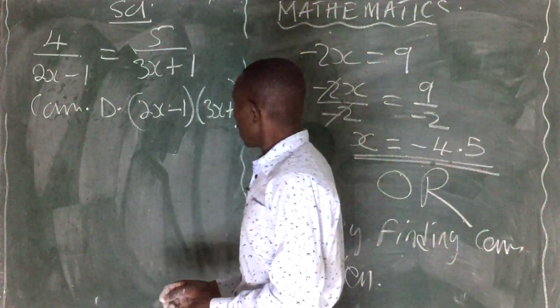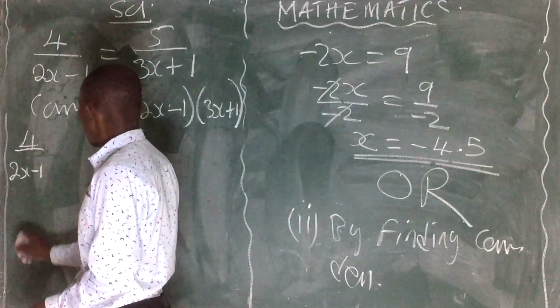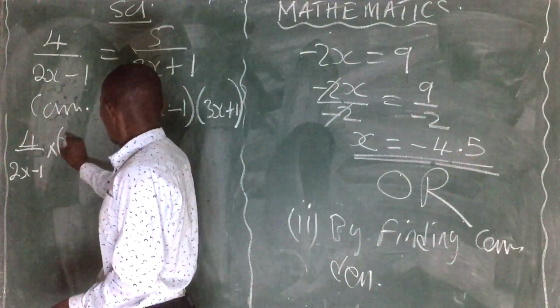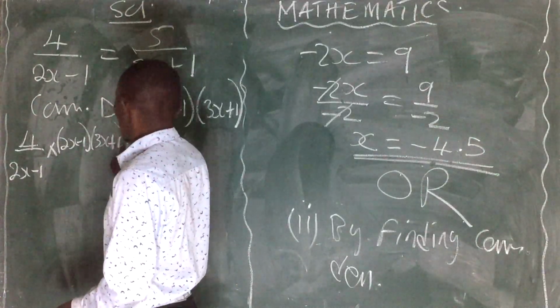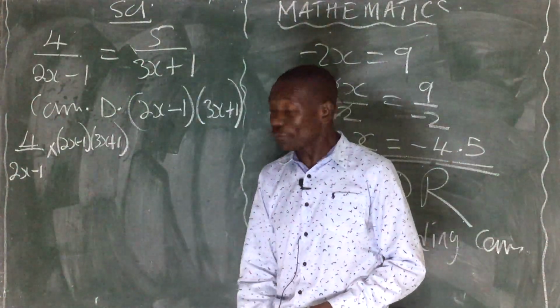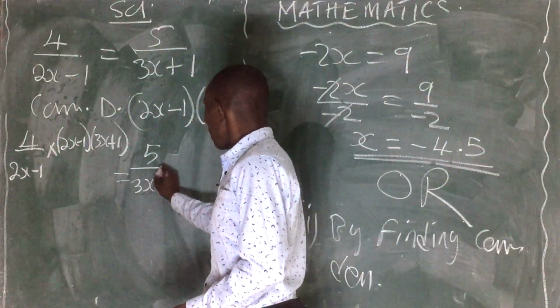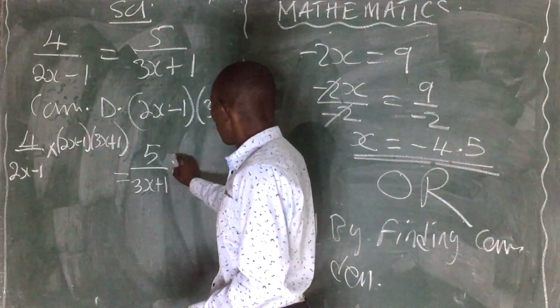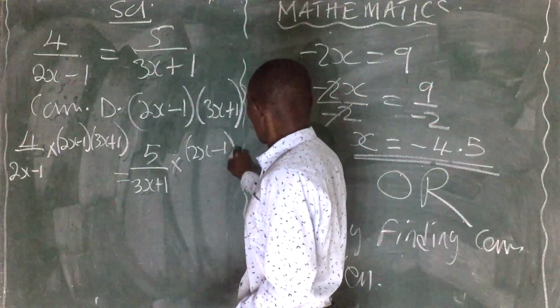So it would be 4 over 2x minus 1 multiplied by 2x minus 1 by 3x plus 1. And here we have 5 over 3x plus 1 multiplied by the same denominator, that is 2x minus 1.